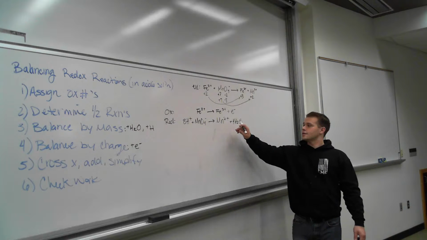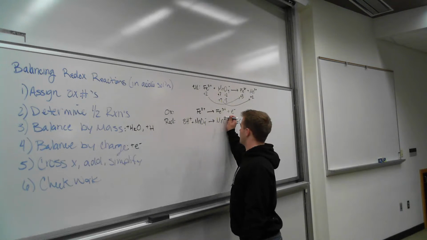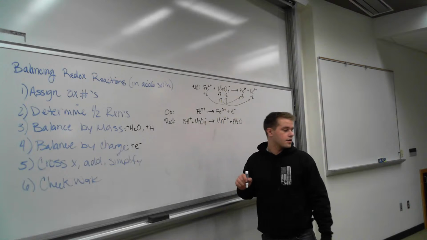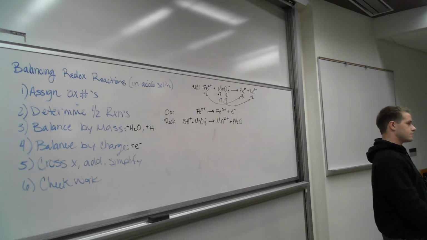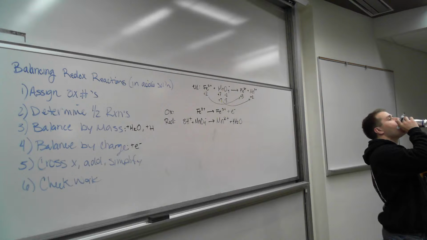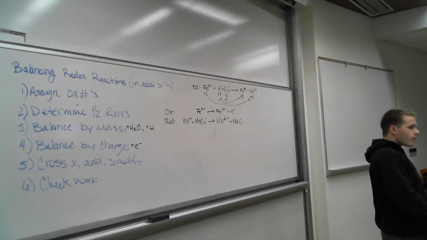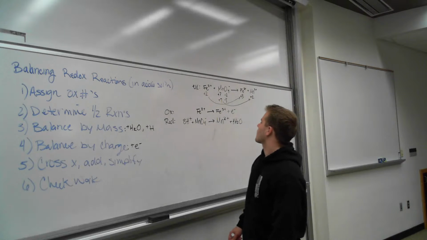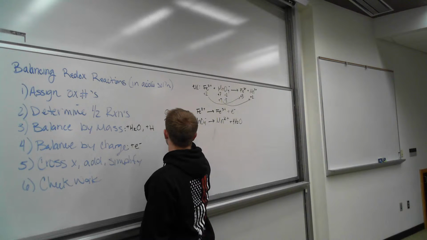So what do we need to do? How do we make sure that we are balanced by charge? Do we add electrons? That's the only thing we can do. Add 5 electrons on the left side.